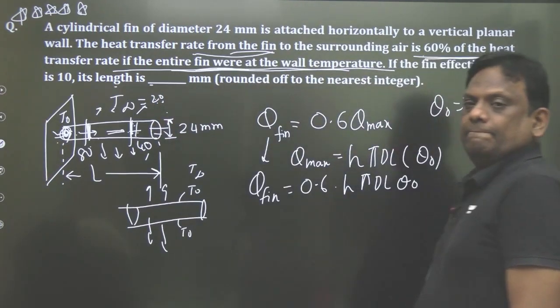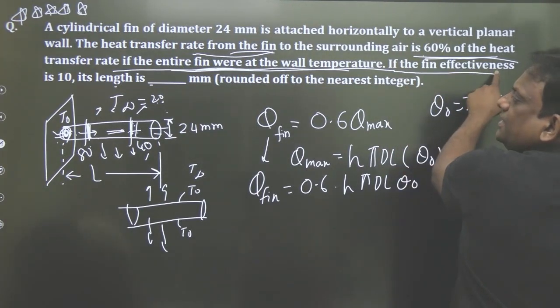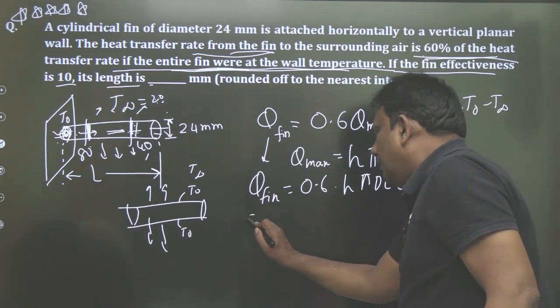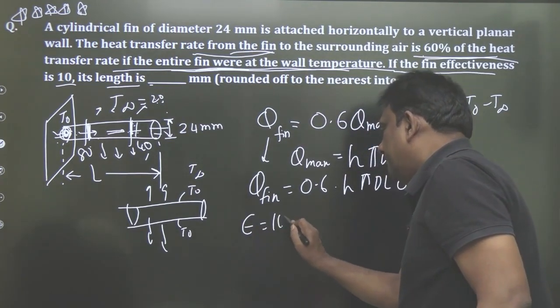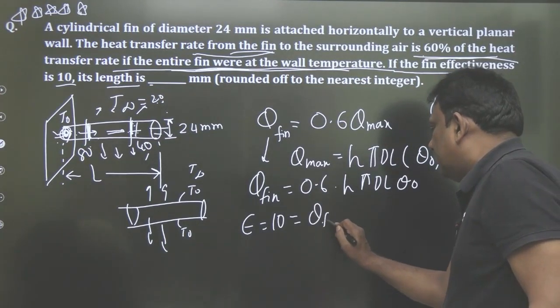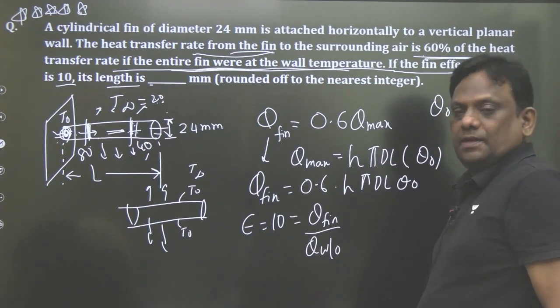Now, next. Other data is given. If the fin effectiveness is 10, what is the length? The effectiveness of the fin is given as 10. What is the effectiveness definition? It is heat transfer with fin over heat transfer without fin. Let me tell you.